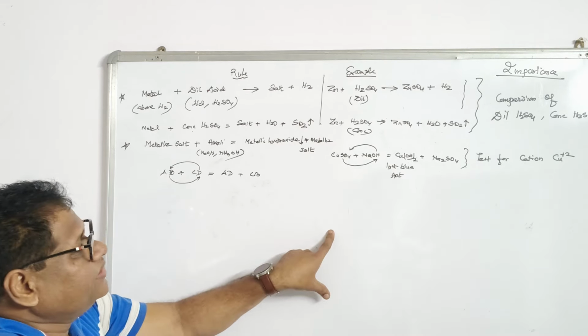This is the cation. This is the test for ammonium salts. Any ammonium salt, ammonium chloride, ammonium sulfate, ammonium phosphate, ammonium carbonate, all salts are soluble. Make it react with alkalis. These alkalis could be sodium hydroxide, potassium hydroxide, calcium hydroxide, and you will get ammonia. Let's give an example for this rule.